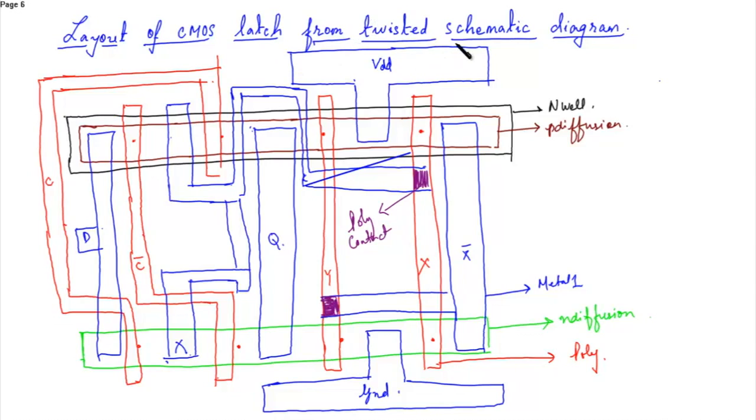So you have to place the substrate contact in the VDD and ground layer. So select the area. This is the N substrate contact.